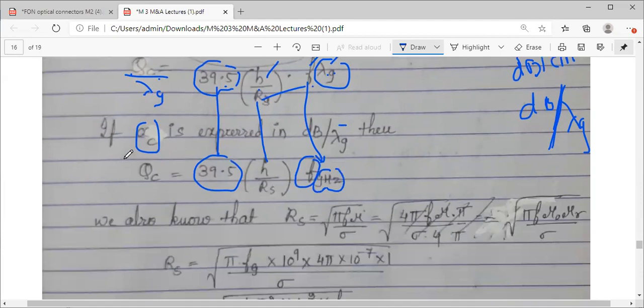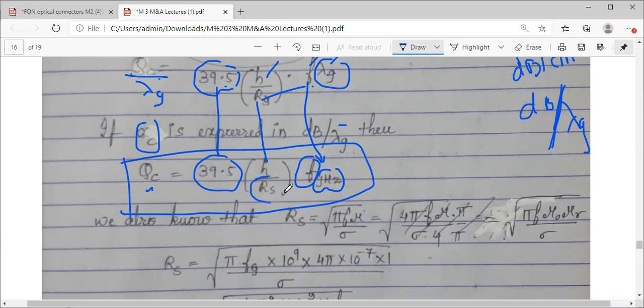Okay. Now further, this is the equation for quality factor if you take the attenuation constant, that is alpha C. But further you can see I have one more value RS, which is a known term to me. In the previous session, we have seen what is the equation for RS. So RS is root of pi F mu divided by sigma. Okay, skin depth, skin surface, skin resistance.